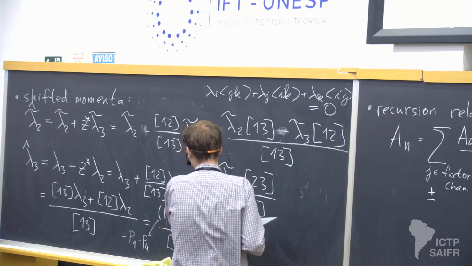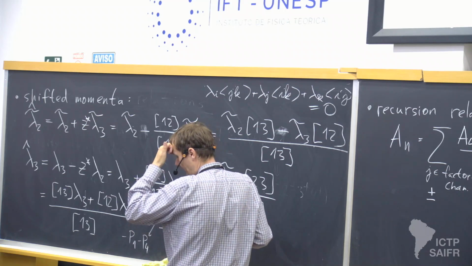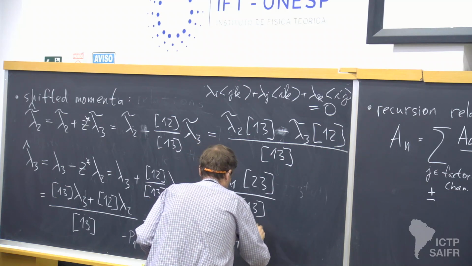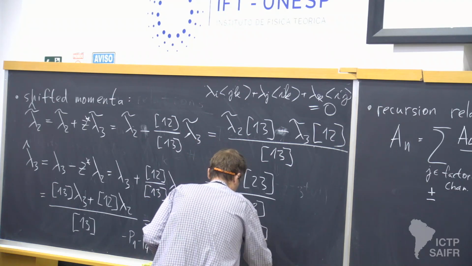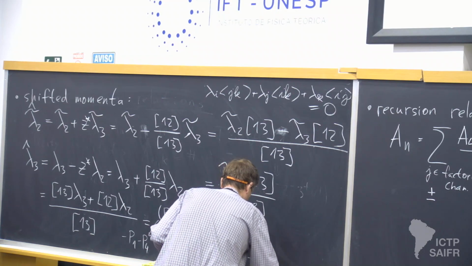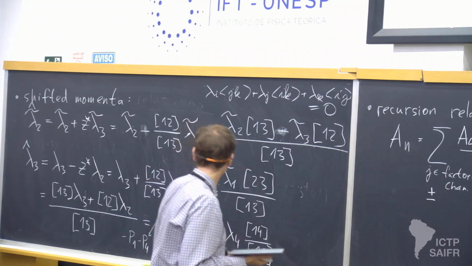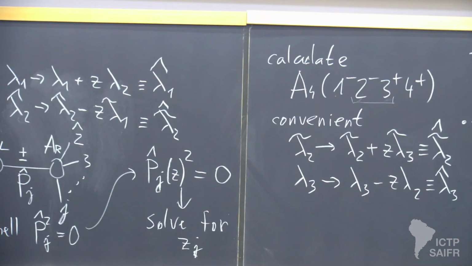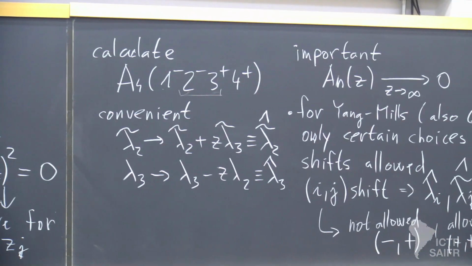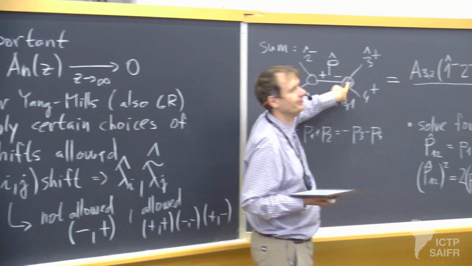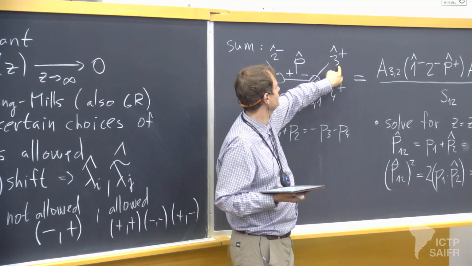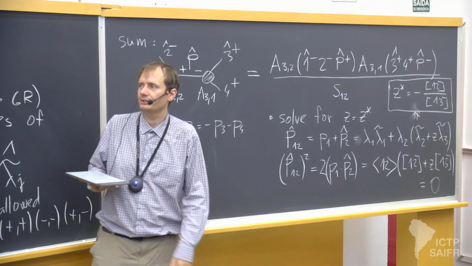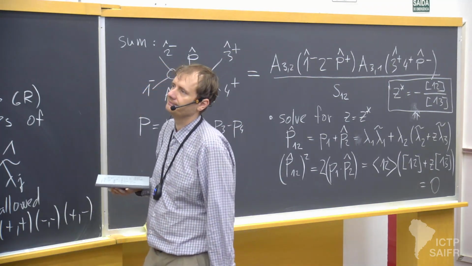Now if we dot it with 1, we get the square bracket 1 4, and we get lambda 4, and 1 4 divided by 1 3. Again, we had to get this because 3 hat and 4 meet in a black vertex, and in the black vertex, all the lambdas are proportional. So this lambda has to be proportional to this lambda. And we also got it by explicit calculation.